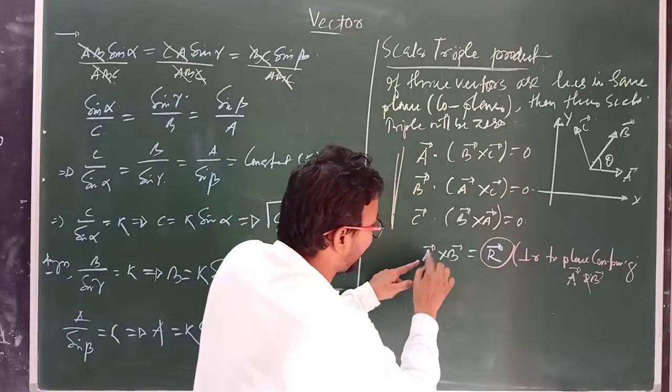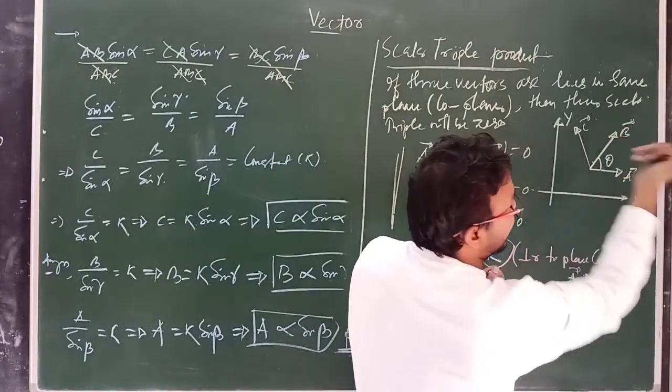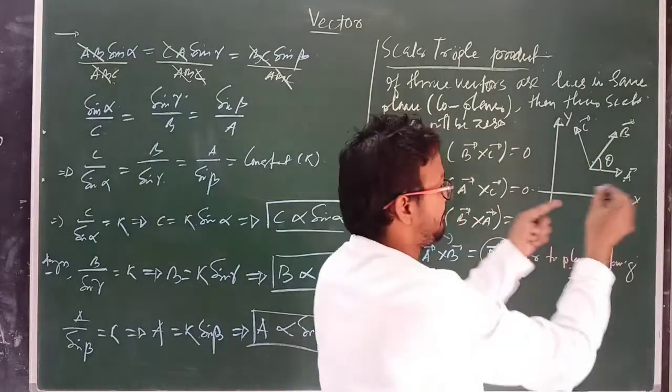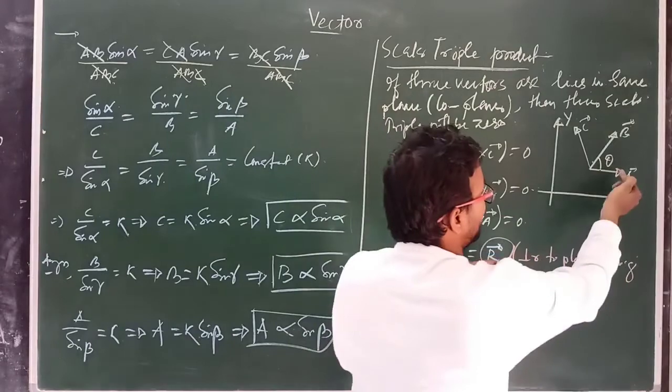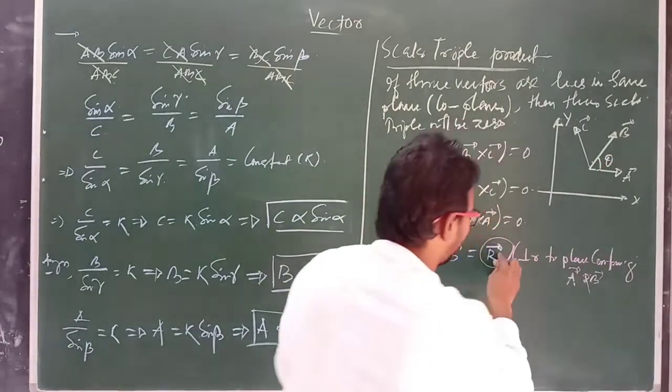But here we have to use A cross B, which is outward from the x y plane, along this direction, the z axis. Clear? This is the z axis. So the resultant of A and B is in the outward direction, along the z axis.